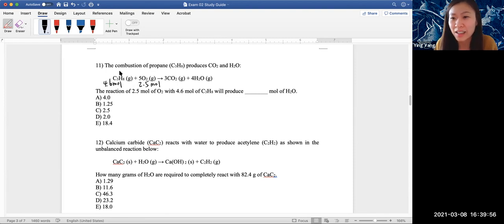Now, based on this simple information, you can determine that oxygen is actually the limiting reagent or limiting reactant. So when calculating the amount of water that can be produced, it is determined by the amount of oxygen, which is the limiting reactant, instead of the propane, right?